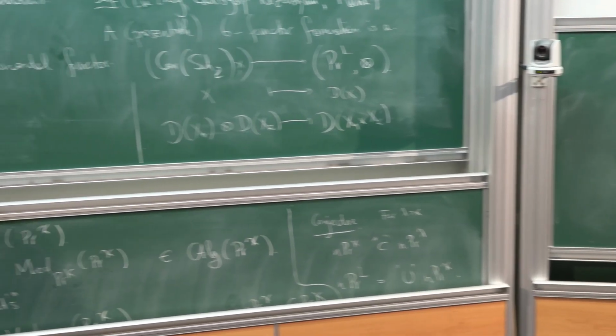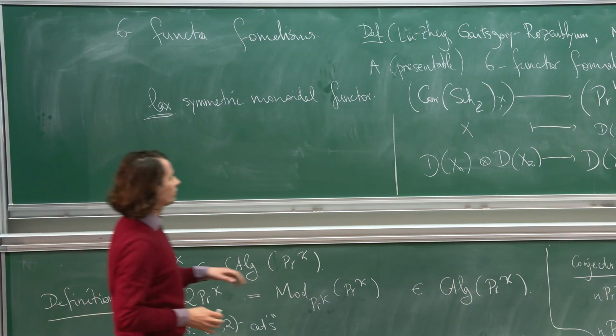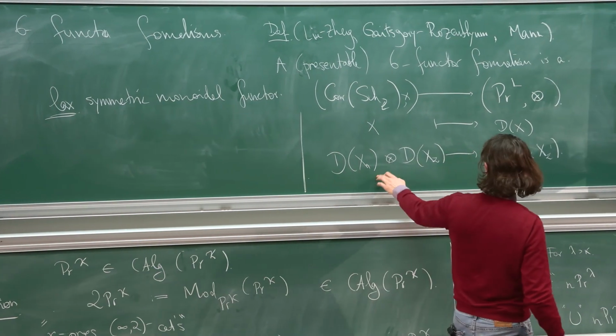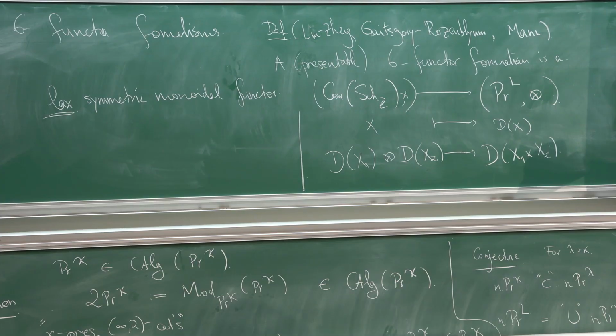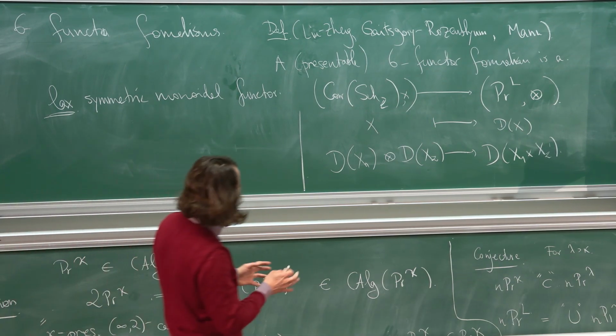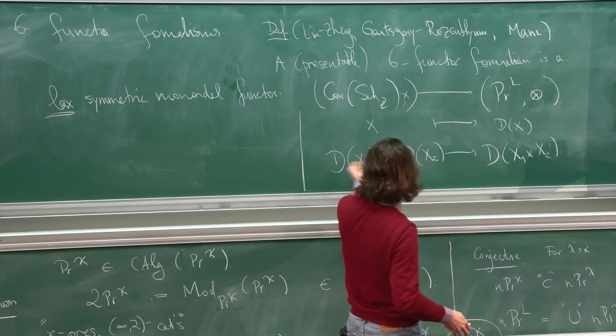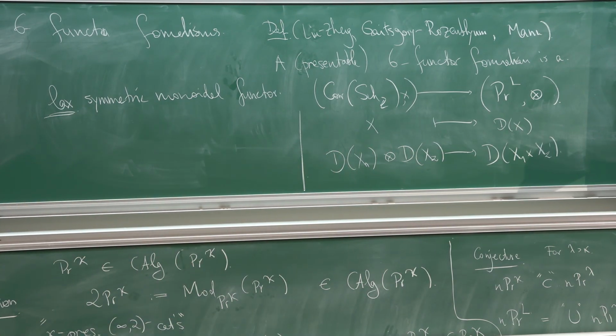And I told you that I really want six-functor formalisms that are of Weil type which satisfy a Künneth formula. So ideally I would really like this functor here to be an equivalence. But it isn't, in etale cohomology somehow it isn't. So for motives, the Voevodsky motives, it certainly isn't. So that's bad.